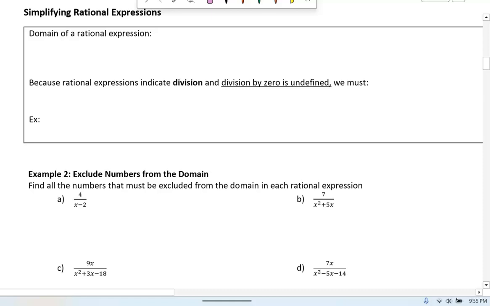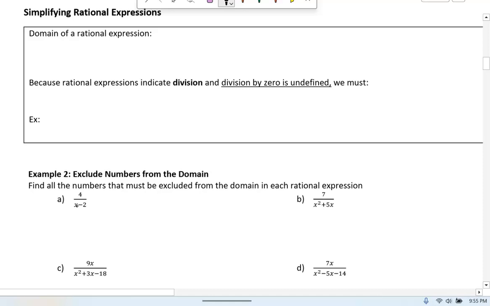Heading to example 2, this is extremely important. Before we can add, subtract, multiply, or divide fractions together, we have to be really careful with what x is allowed to be. So in the past, you have dealt with fractions before, but most likely you have not dealt with x inside of a fraction.